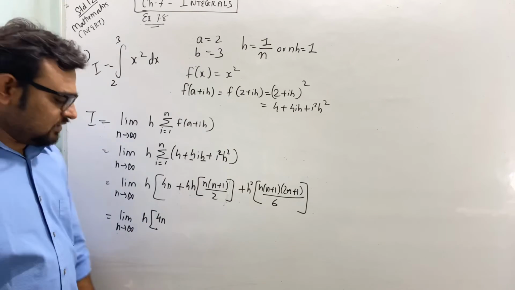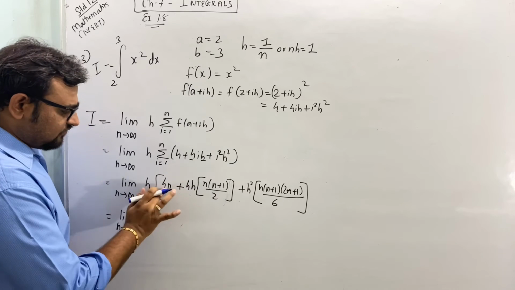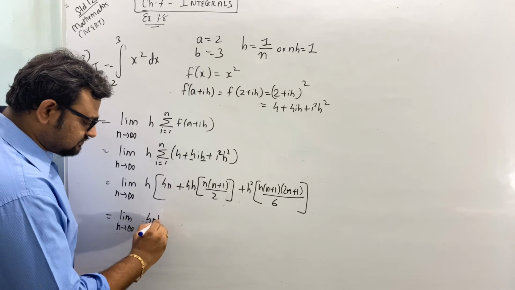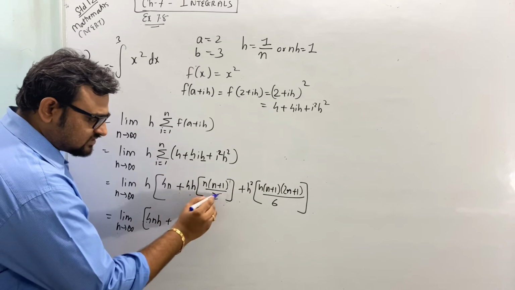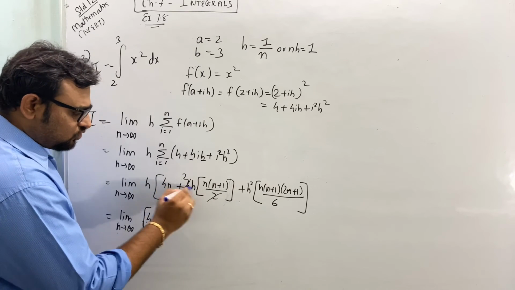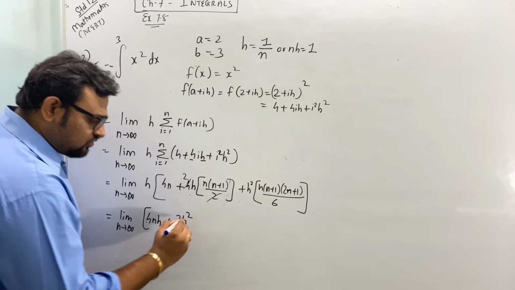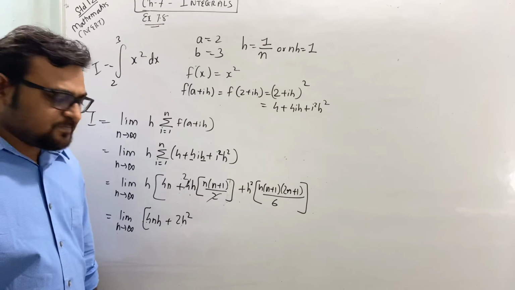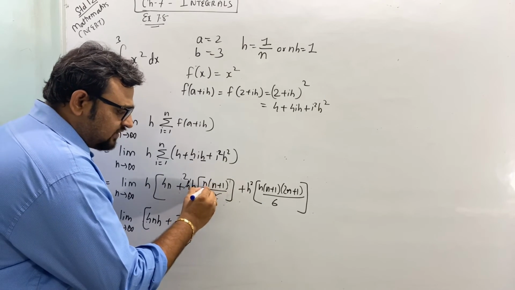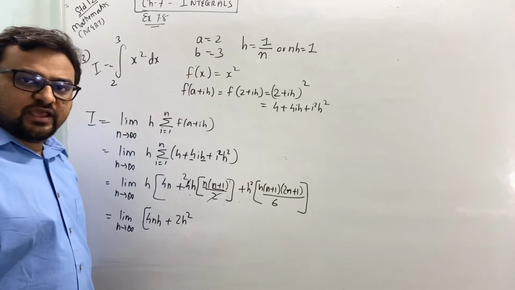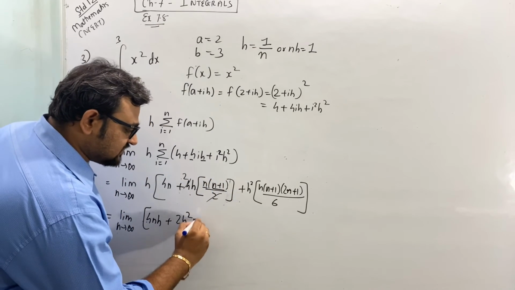So see what I am doing, h, 4n, I am also multiplying here, 4nh, plus 4h into h, or let's say 2 ones are 2, so 2h into h, 2h square. Now see, I am taking n common from both brackets. One n from here and one n from here, so n square.